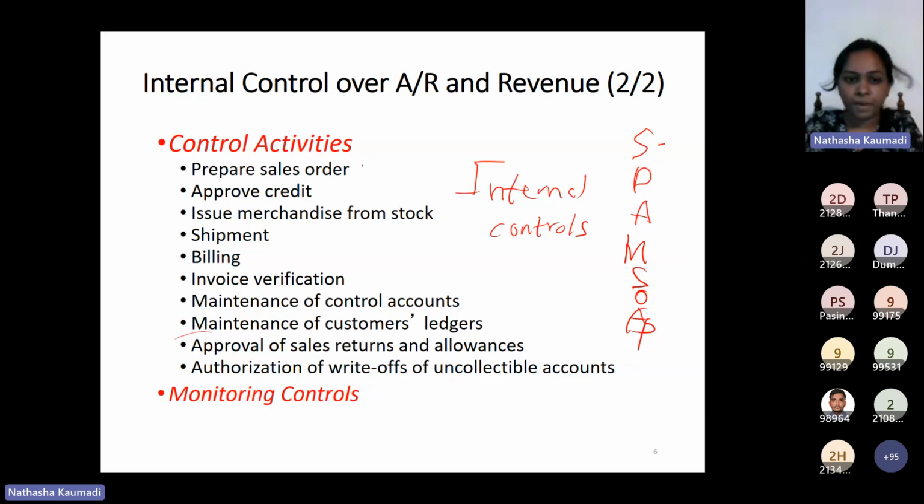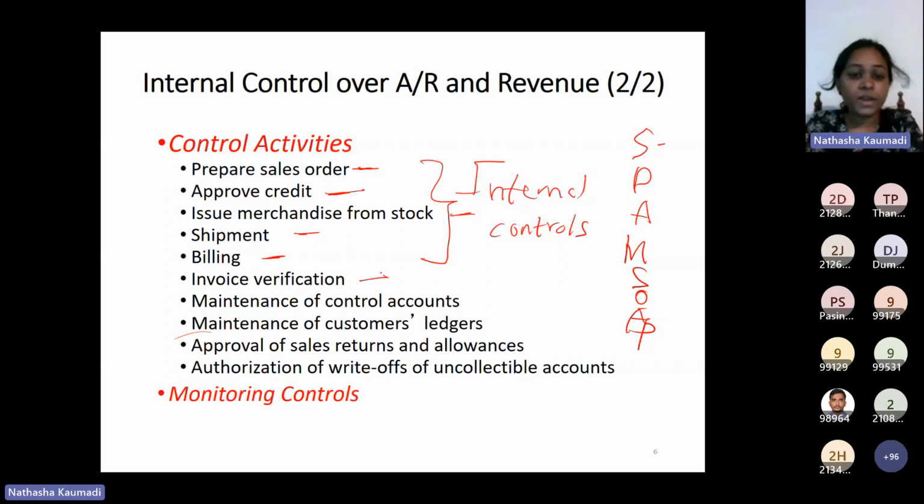Now can you see preparation of the sales order, setting the credit limit, issuing the stocks, shipment, billing, all these are segregated. Segregation of duties should be there. So you are checking whether all these activities are performed by one person, or there are different persons to perform all these tasks. If that is the case, segregation of duties is there.